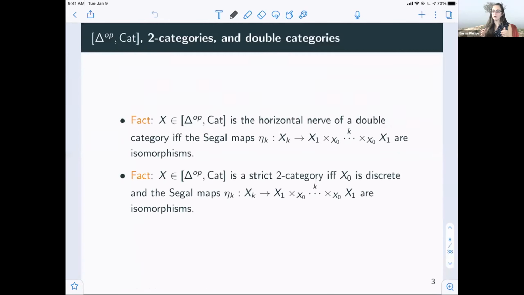So if we want to find a model for bicategories that lives in simplicial objects in categories, we want to weaken the properties of a strict two-category, but we want it to stay a double category. So we want to hold that the Segal maps are isomorphisms, but we want to weaken the property that we require X0 to be discrete.